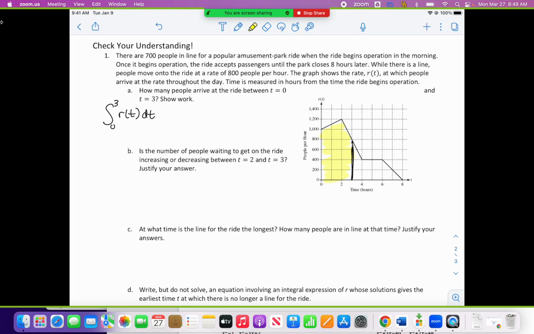Yeah, there you go. So I cut this into 2 trapezoids to do that. So I have 1/2, my height is 2, and then I have 1,000 plus 1,200, plus 1/2, now the height is 1, and that's 1,200 plus 800.